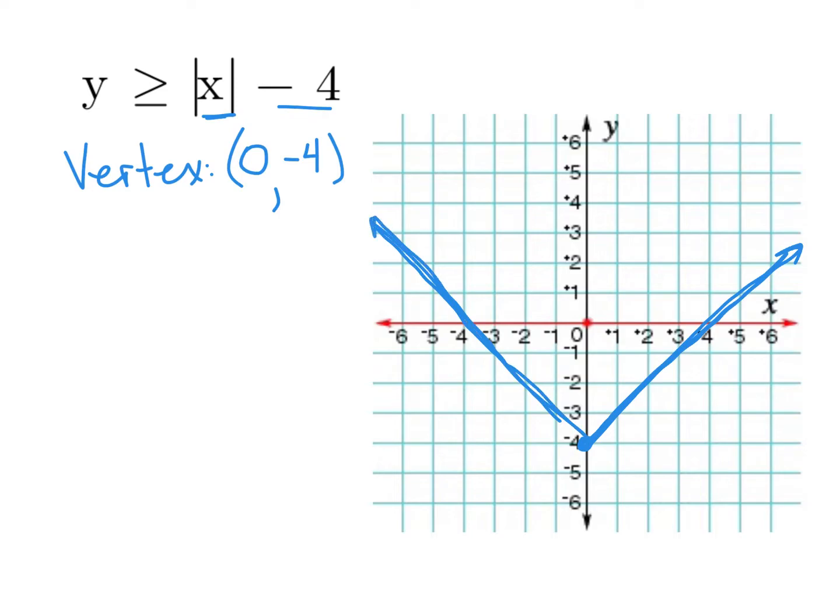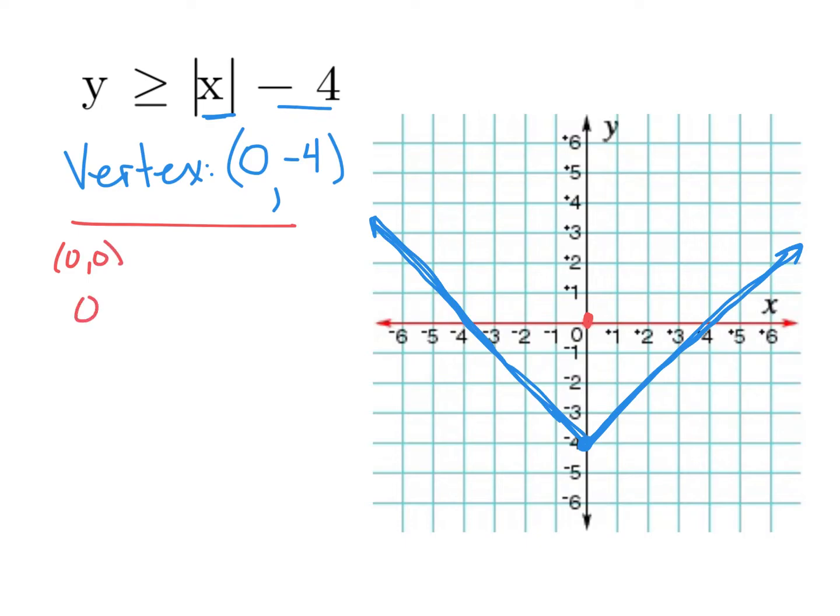All right, so now we have our V in the right place. We also have the boundaries being a solid line because it can be equal to. Our very last step then is to determine what side we shade on. And we can do that by just picking a point and testing it. The easiest point to test, of course, is (0, 0). We plug (0, 0) in.